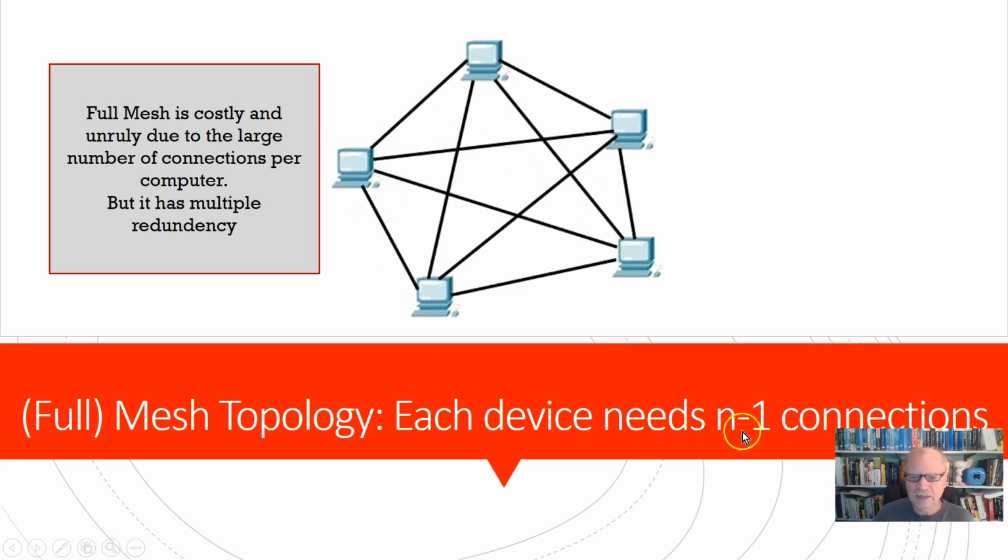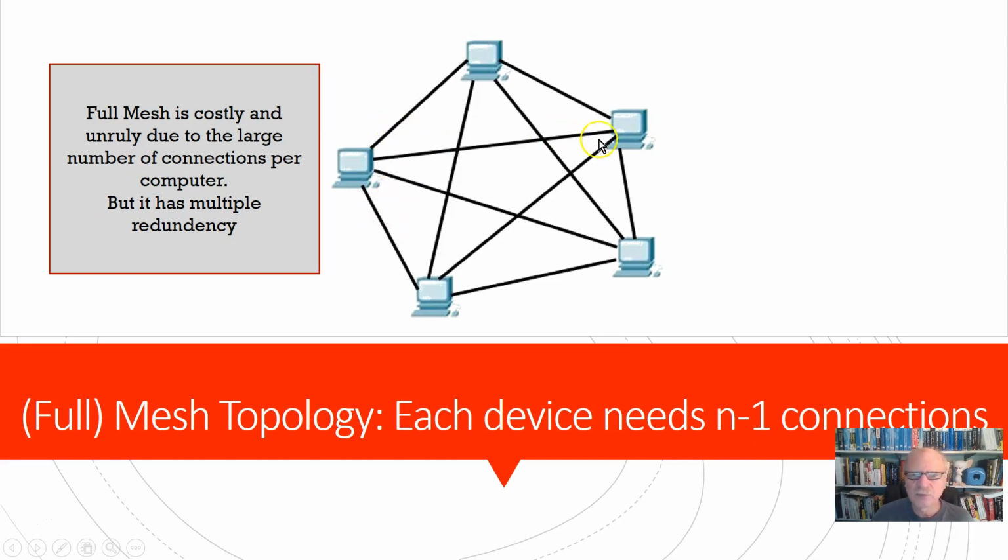In fact, you need n minus 1. So, n being the number of computers, I've got 1, 2, 3, 4, 5 computers here, and look, each computer has 1, 2, 3, 4 connections. So n minus 1. 5 minus 1 is 4.